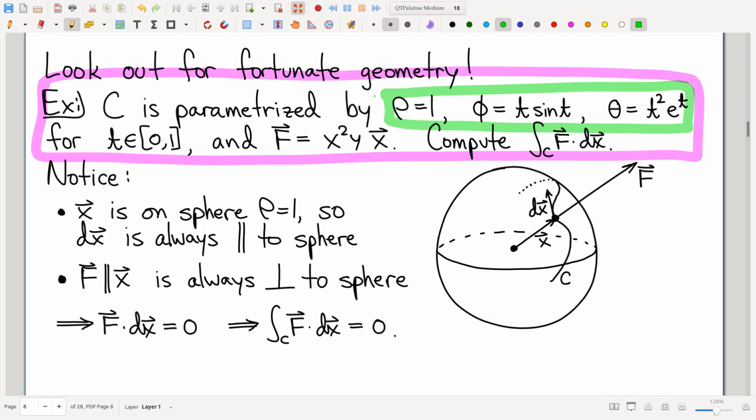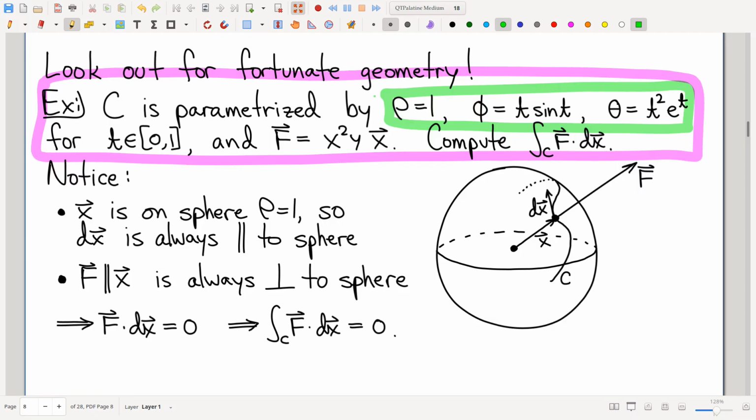You're going to have rho sine phi cosine theta, then rho sine phi sine theta. You're going to have these horrendous, just terrifying formulas for x, y, and z. So this curve is a nightmare.